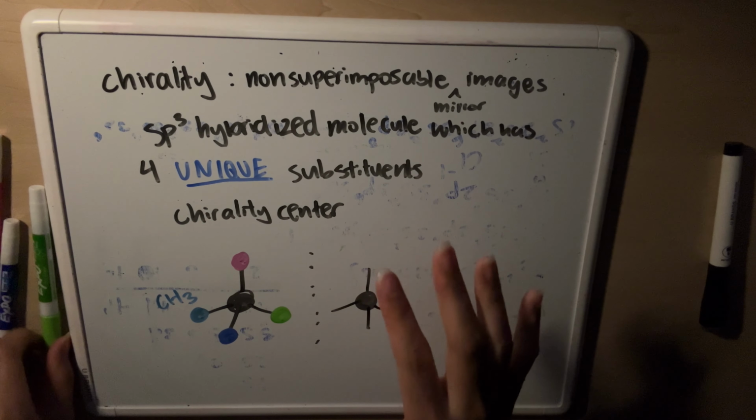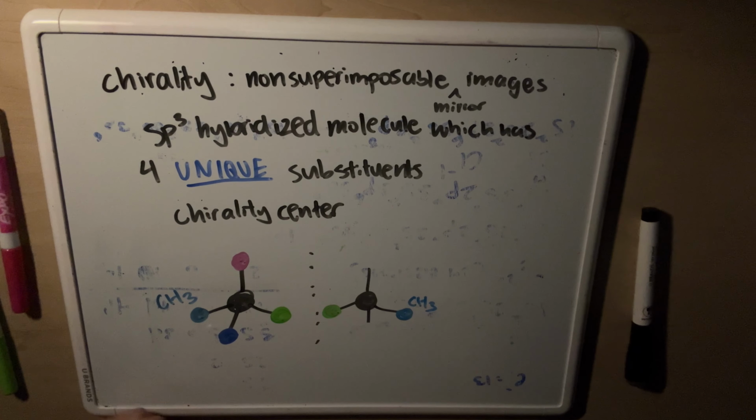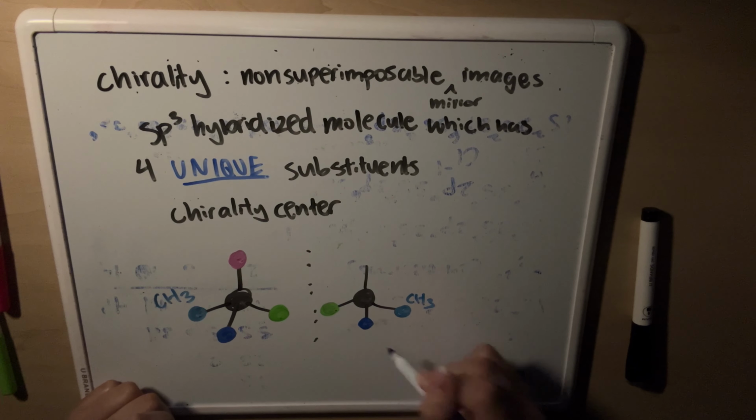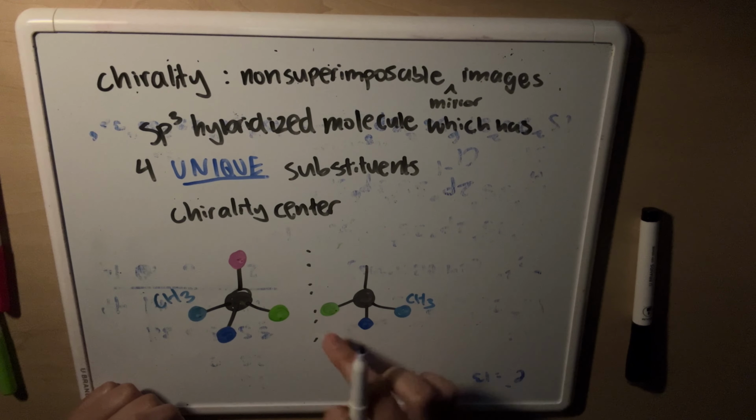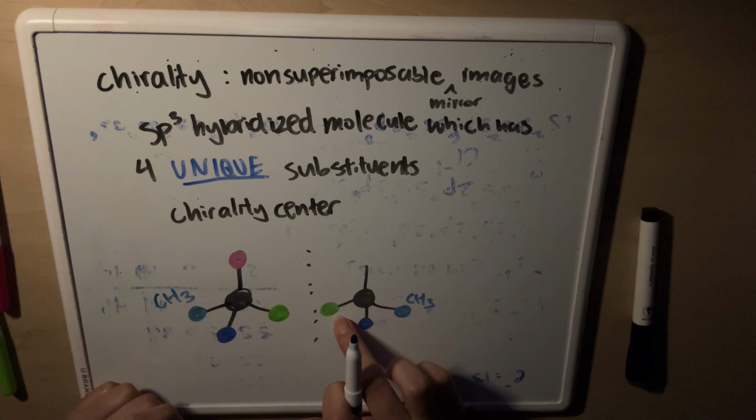Oh, I actually used the wrong one. Sorry, they look very similar. This is the methyl group. And then this is the fluorine, no, this is the oxygen, this is the fluorine. Okay, I don't want to confuse you guys because I already know this is confusing.